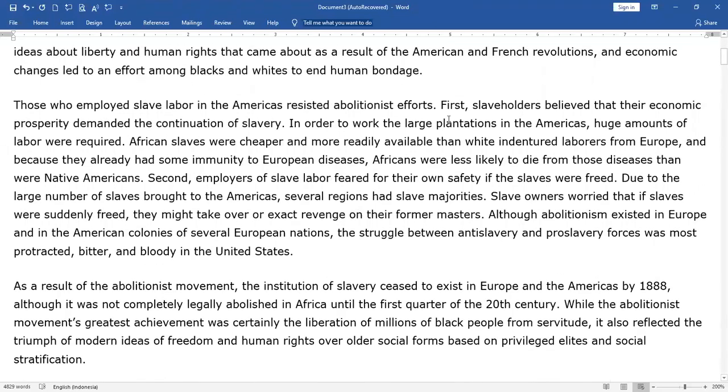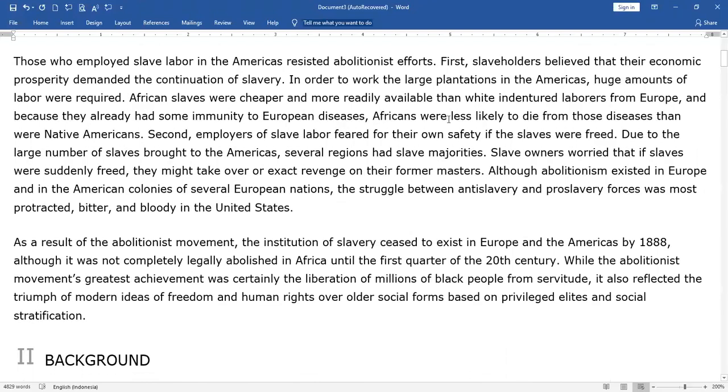Those who employed slave labor in the Americas resisted abolitionist efforts. First, slaveholders believed that their economic prosperity demanded the continuation of slavery. In order to work the large plantations in the Americas, huge amounts of labor were required.